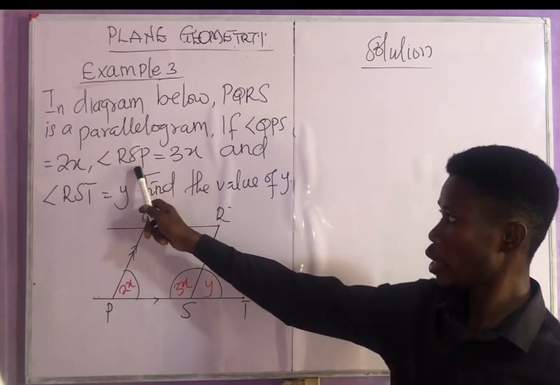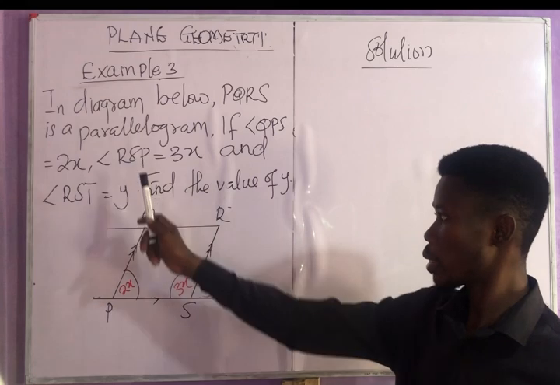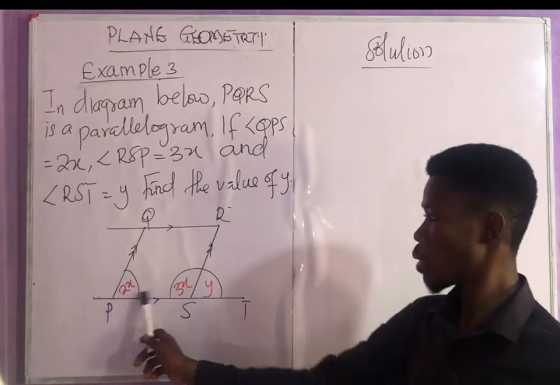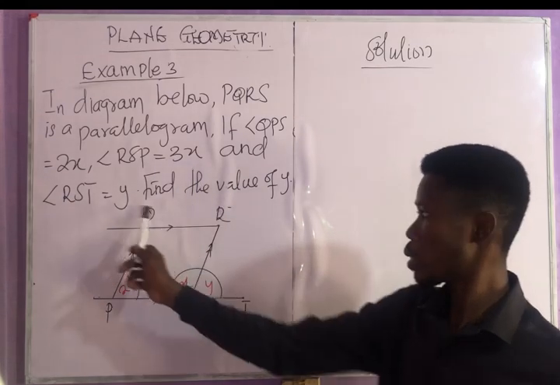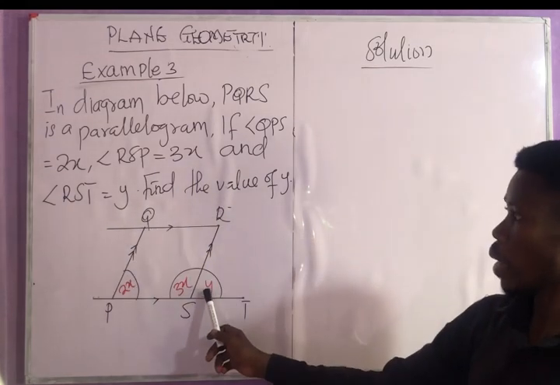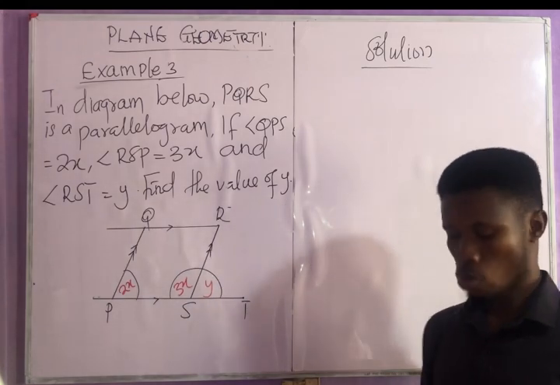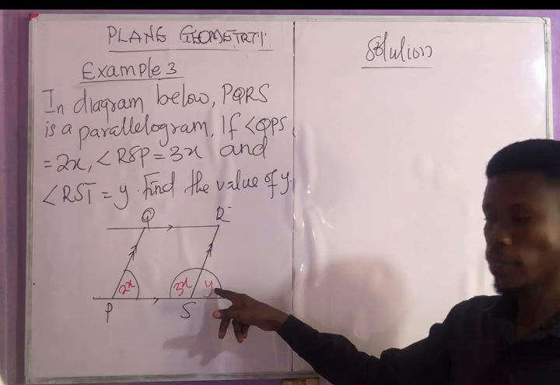Angle RSP, we are going to focus on the S. So where's our X? That will be RSP. Then the last one, angle RST, that will be Y. Find the value of Y. So we want to find the value here, Y.